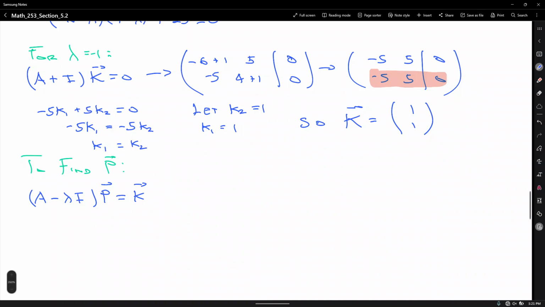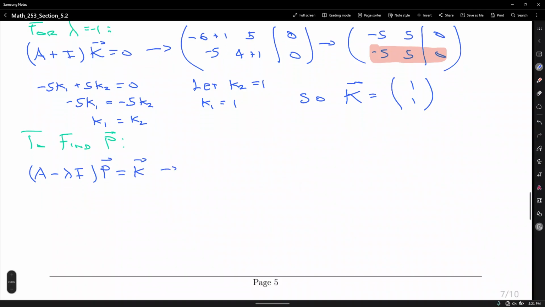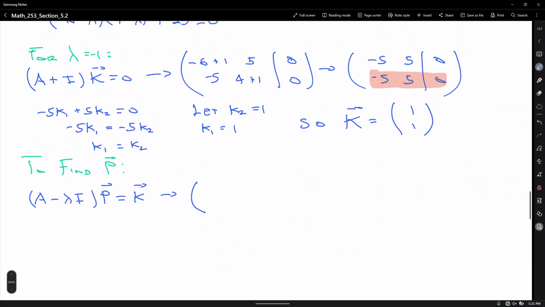All right, guys, just so it doesn't look weird, let me do the whole thing here. Essentially, we already have A minus lambda I, which is A plus I essentially. That's negative 5, 5, another negative 5, 5.